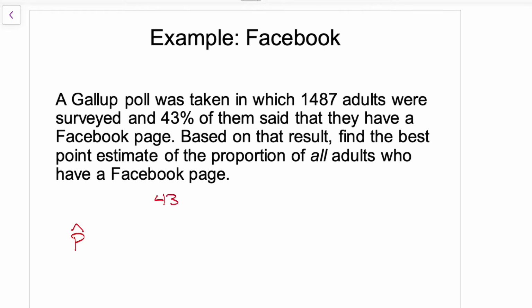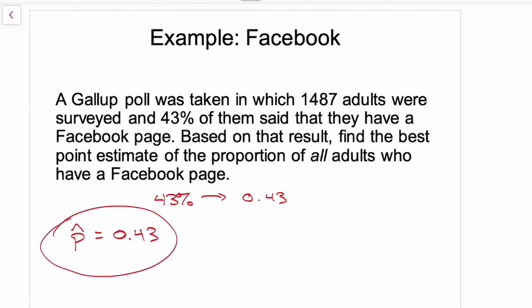In our problem, we're told that 43% of the sample has a Facebook page. That turns into a proportion of 0.43. That is our point estimate. Our sample proportion is 0.43. This will be the value that we will use as the estimator for our population proportion moving forward.